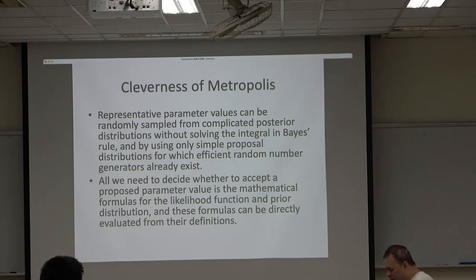By doing so, eventually you are going to generate samples that can be used to describe the posterior distribution. The more important thing is that all we need to decide whether to accept a proposed parameter value are the mathematical formulas for the likelihood function and the prior distribution.